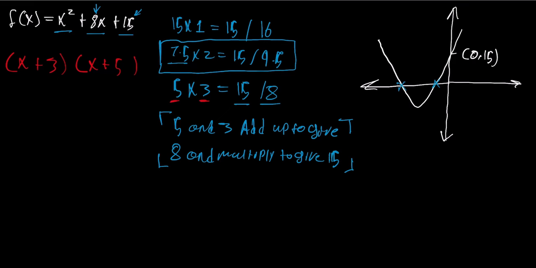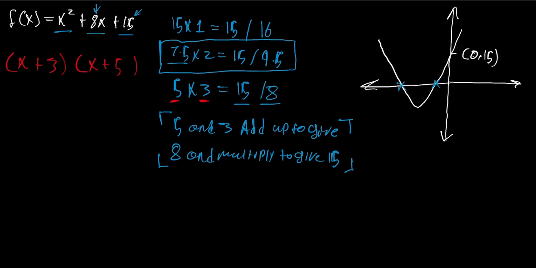It doesn't matter in which order, just make sure it's the right sign. If it were negative, you'd put a negative. So we have x plus 3 and x plus 5.